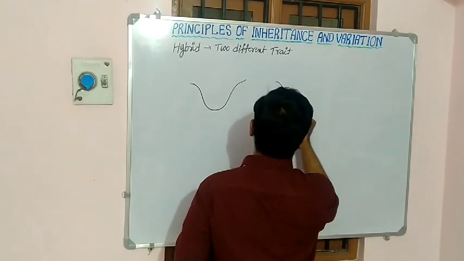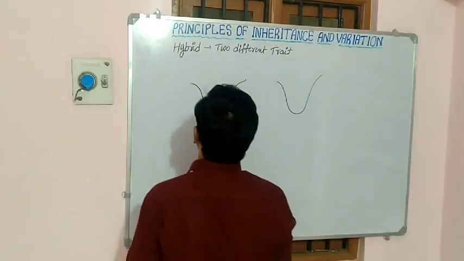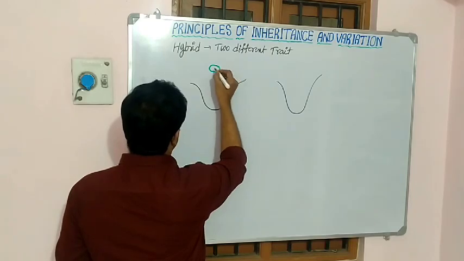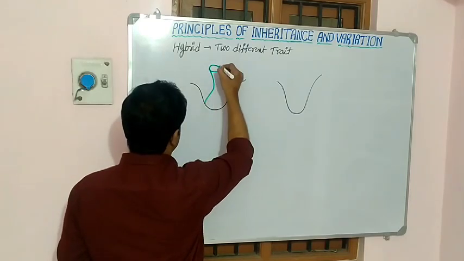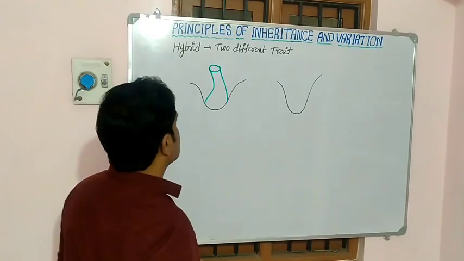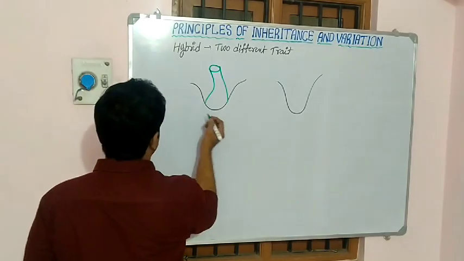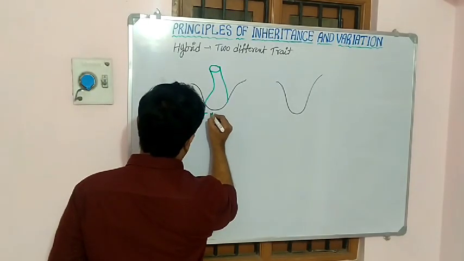One plant is a homozygous tall plant. Homozygous means, for example, capital T, capital T.